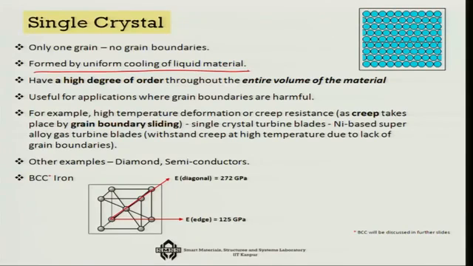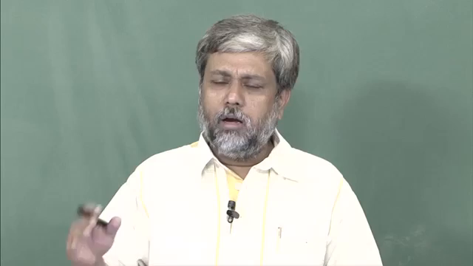For example, one application is in the computer industry, because if you make the silicon chips of polycrystalline structures, then the grain boundaries will add to the noise. So, the microprocessors would not work properly.